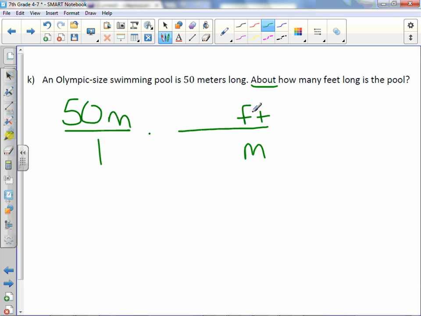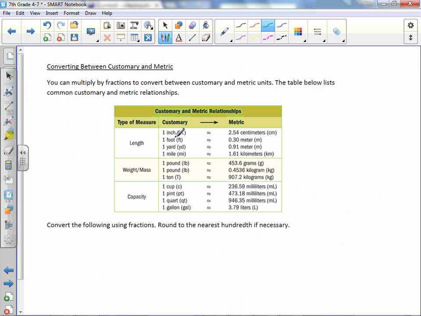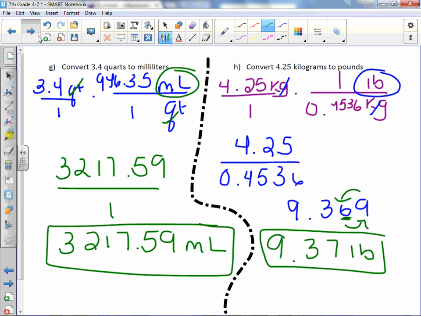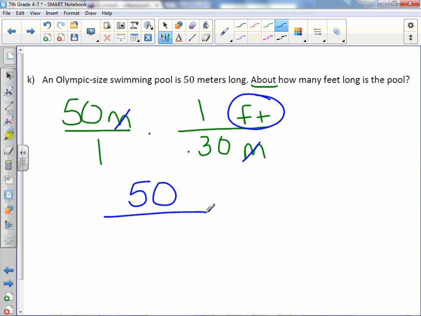So we need to know meters and feet. 1 foot is 0.30 meter. Your meter cancel out and leave you with feet. Multiply across. 50 times 1 is 50. Your denominator, 1 times 0.30 is 0.30.